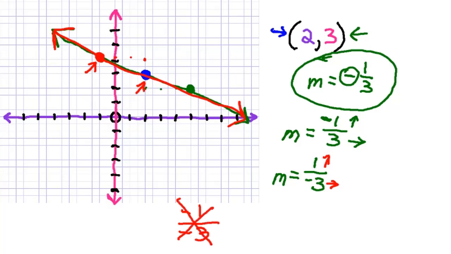That's not okay. If you have a slope of negative 1 over 3, you can either go negative 1 over 3, or you can go 1 over negative 3. It doesn't matter because it makes the exact same line.